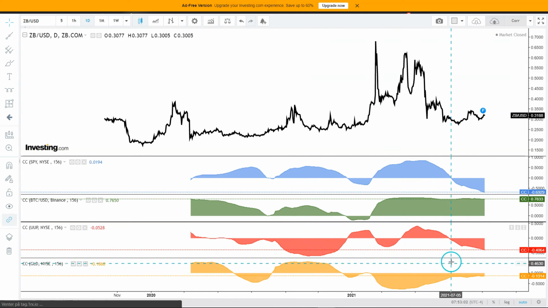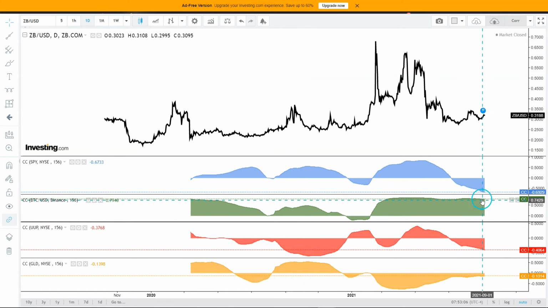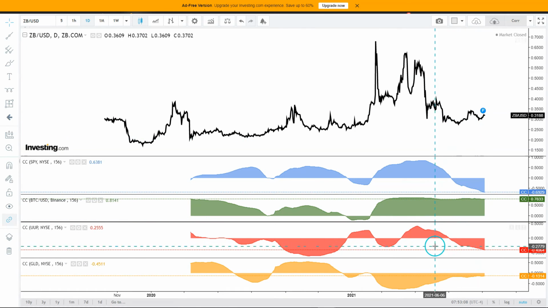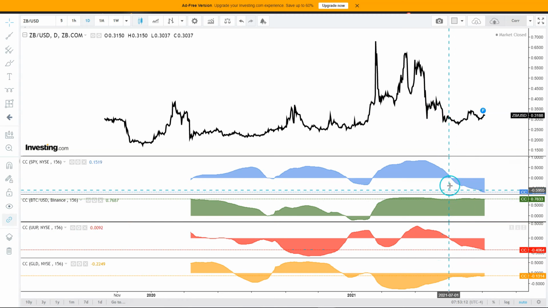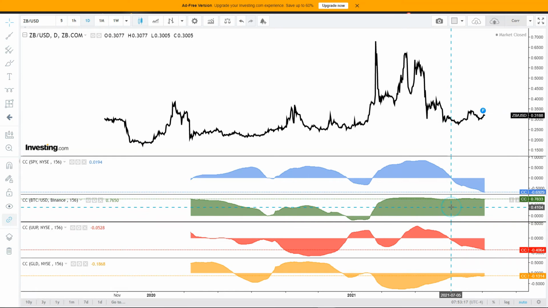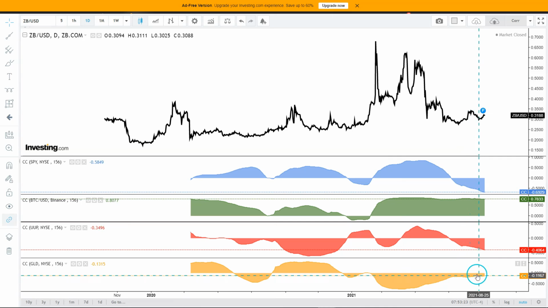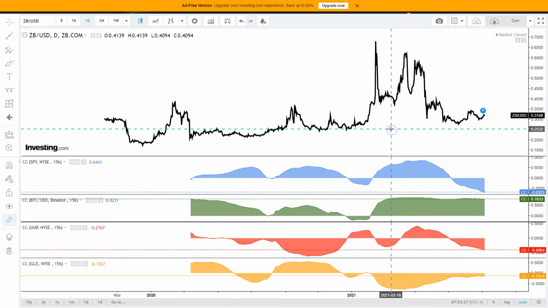But here also we have a very low reading. So when it comes to correlations, we have this situation where for multiple benchmarks we have very high or very low readings, which begs the question, could we see a reversion back to the mean? When it comes to gold, it is closer to the mean relationship.